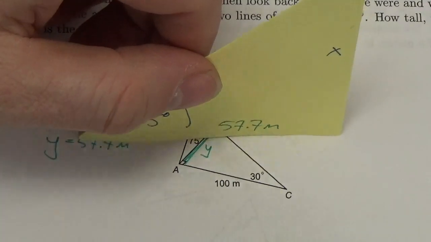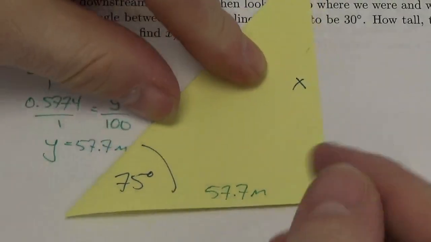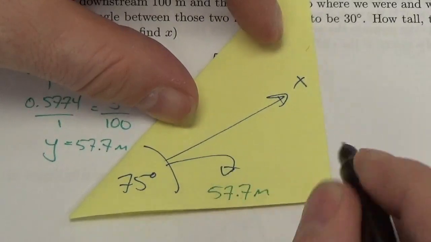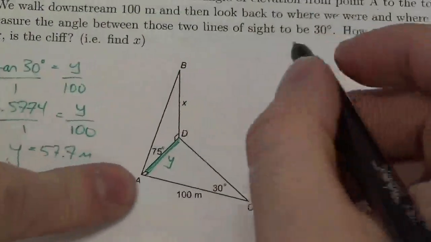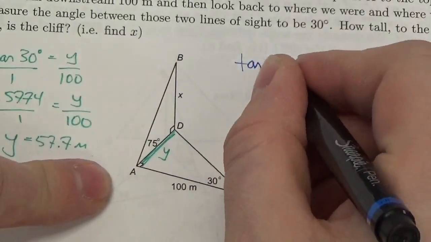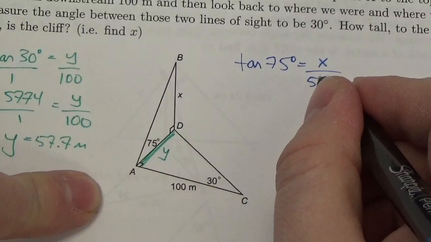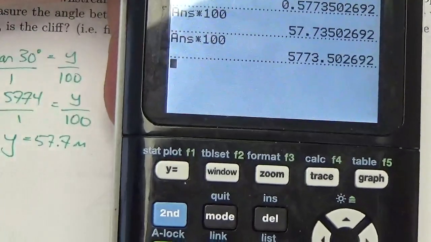So now I'm going to ignore the horizontal one. Now what I want to do is figure out the height of this triangle. Here's the angle that I was given. I'm looking for my opposite, and I know that the side I've just been working with is my adjacent. So this means that the tangent of 75 degrees is going to equal x over the adjacent side, 57.7.